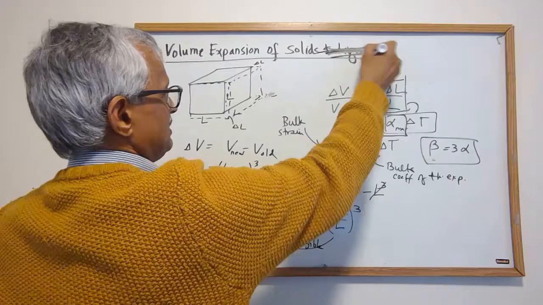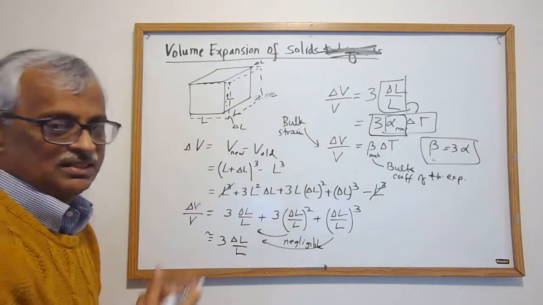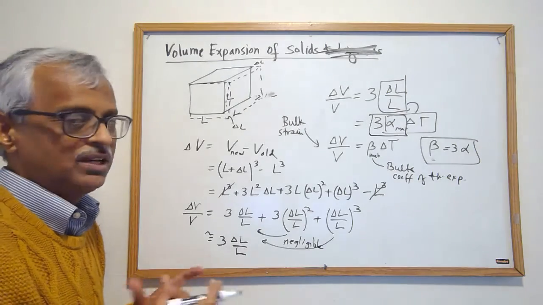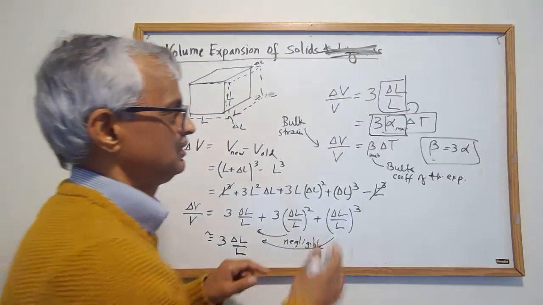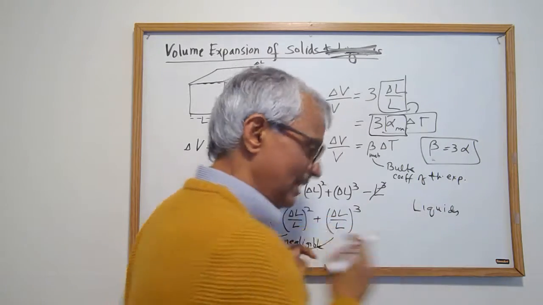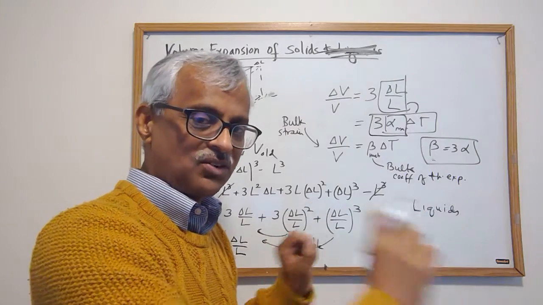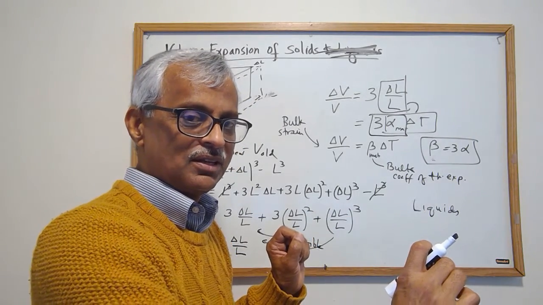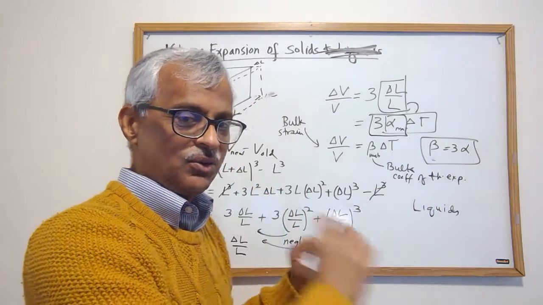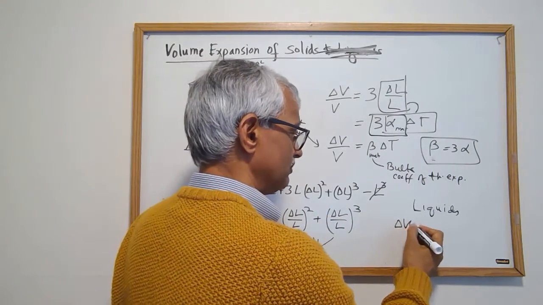And alpha is pretty well studied for solids. So you might say, I don't want to study solids, liquids, but for solids it is just this. For liquids, you just go directly here, because the length of a liquid is not a well defined concept, but the volume is, and so you work with the volume.